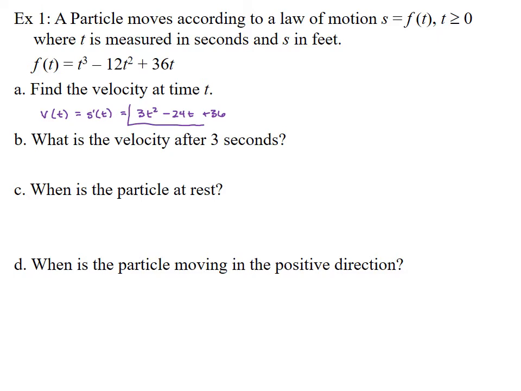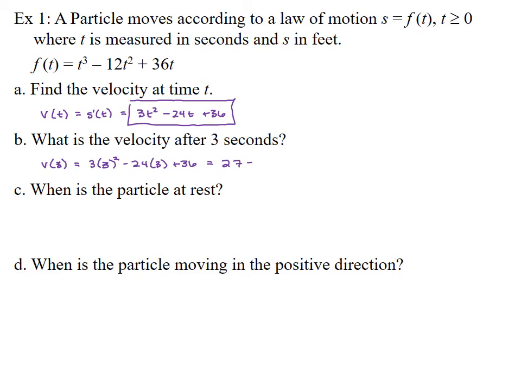This is the answer to part A, and some of the problems will be a lot easier than others. What is the velocity after 3 seconds? Simply take whatever number they give you on the homework and plug that into your derivative. That would be 3 times 3 squared minus 24 times 3 plus 36, which is equal to, if you need to use a calculator, that's fine, 27 minus, what is 24 times 3?